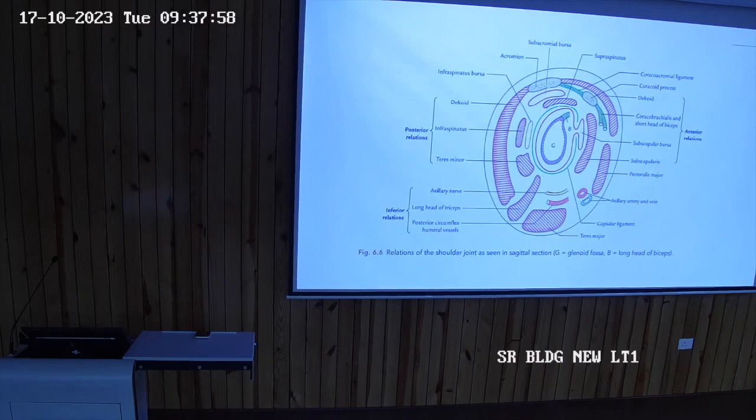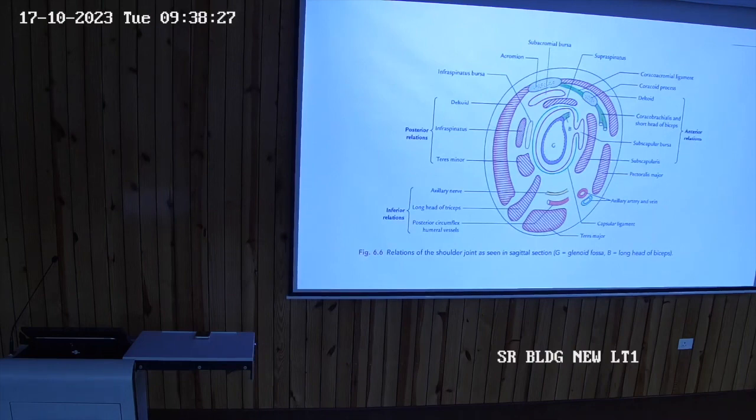The reason is that superiorly there is protection by the coracoacromial arch and coracoacromial ligament, and also the long head of the biceps. All these structures prevent dislocation above, or they don't permit upward displacement of the head of the humerus. Anteriorly, the relations are protecting it. Posteriorly, the relations are protecting.